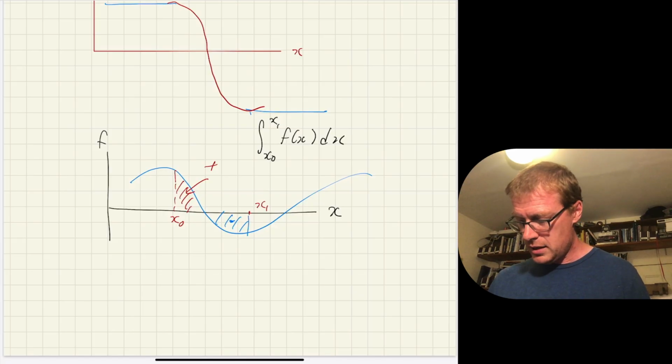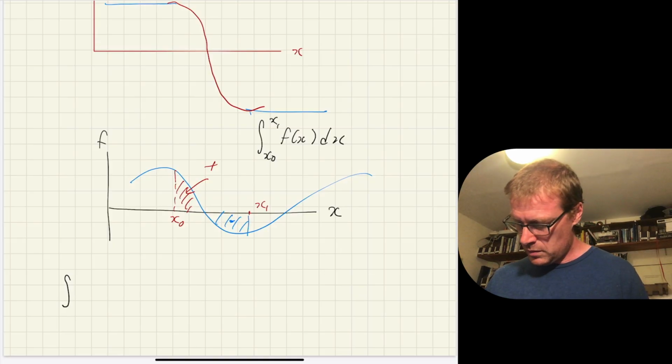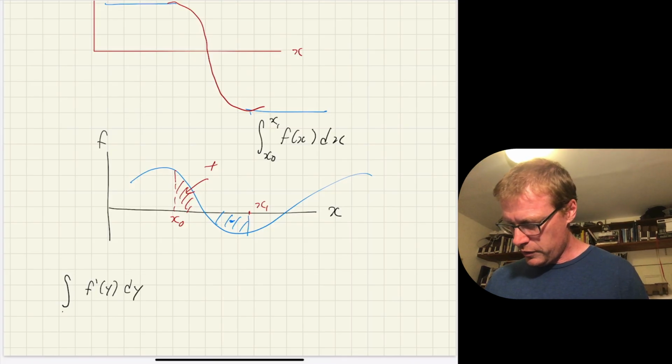If I take the integral of f prime of y dy from x0 to x1, this is f of x1 minus f of x0.